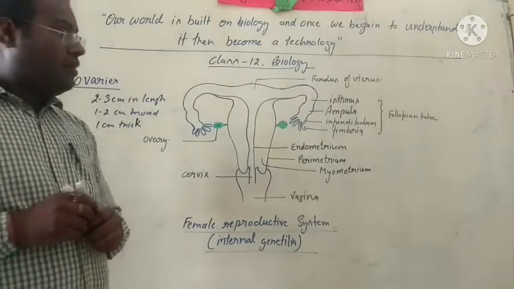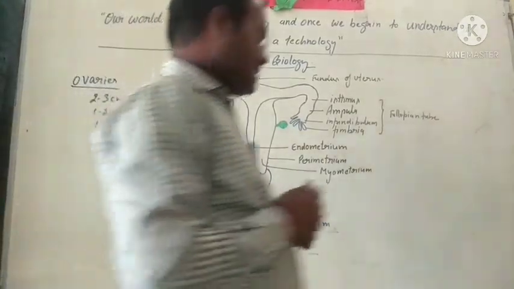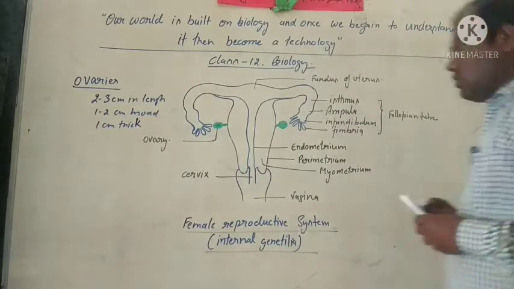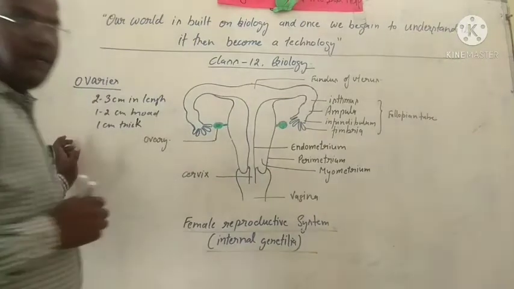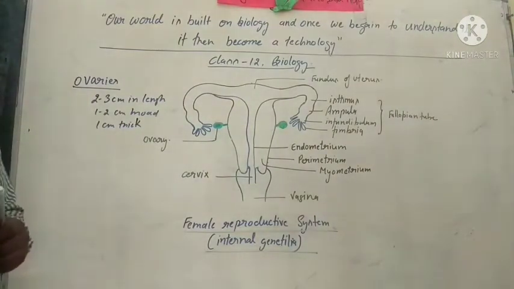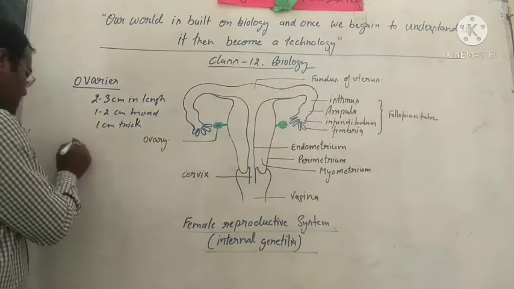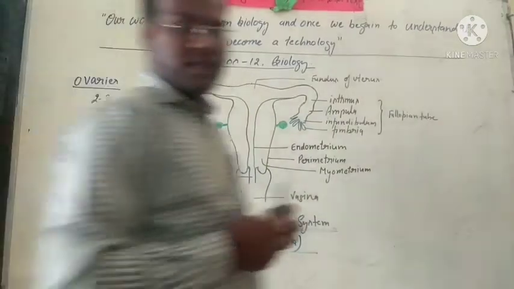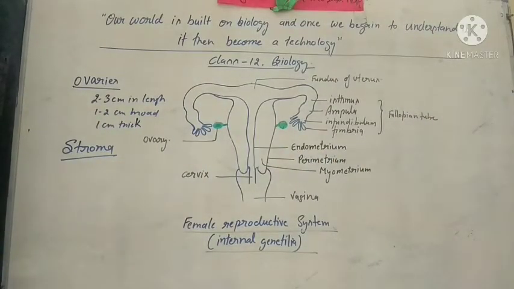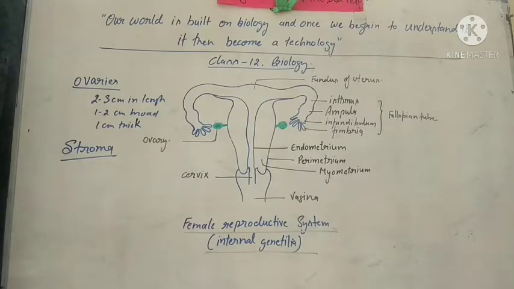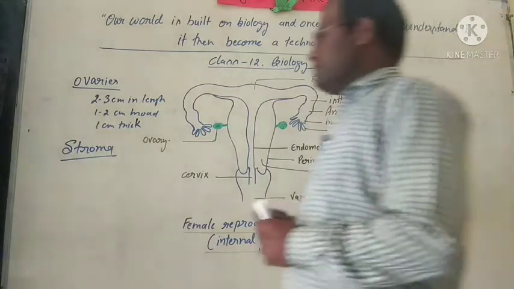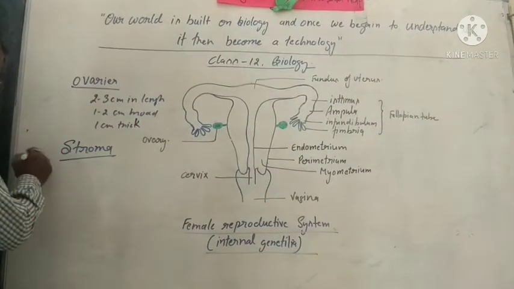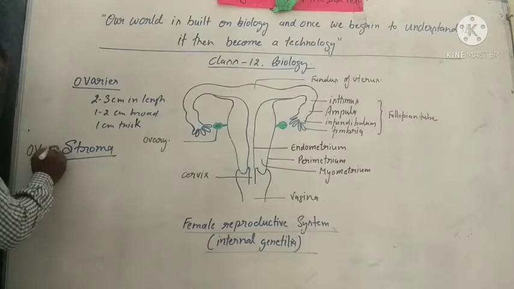Each ovary consists of a tissue called the stroma, or ovarian stroma.